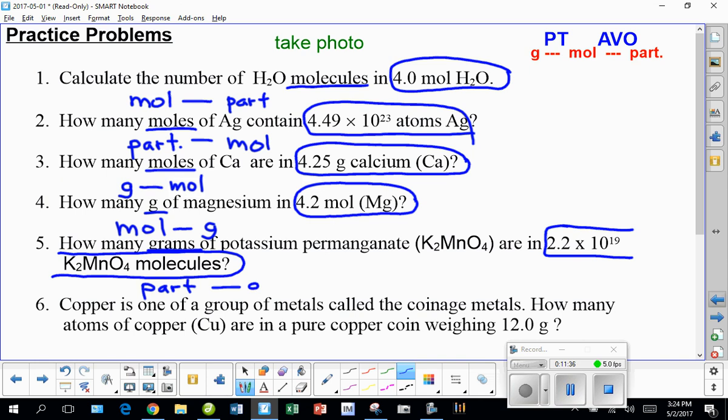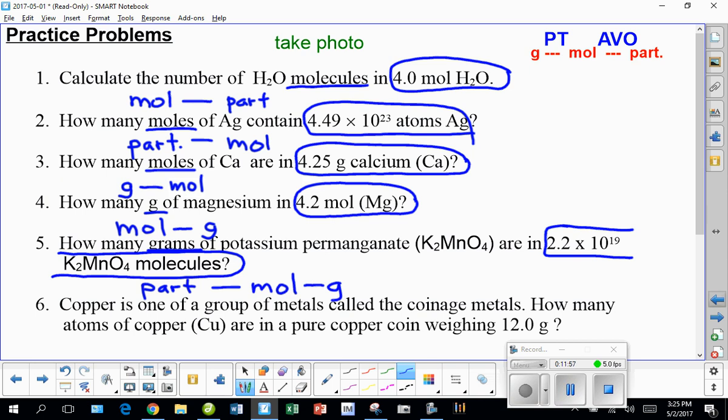Well, golly, I can't go directly to grams because there's nothing that compares those two as an equality. So particles have to go to moles first. And we do that with the Avo number. And then the next thing we can go to is grams.